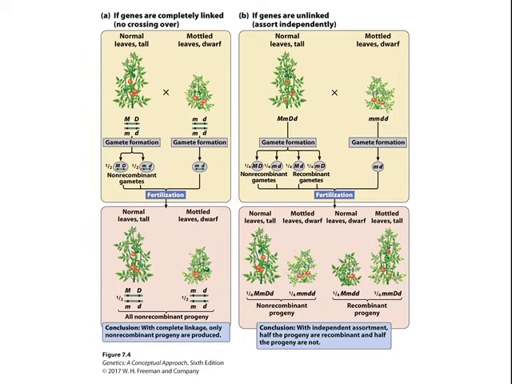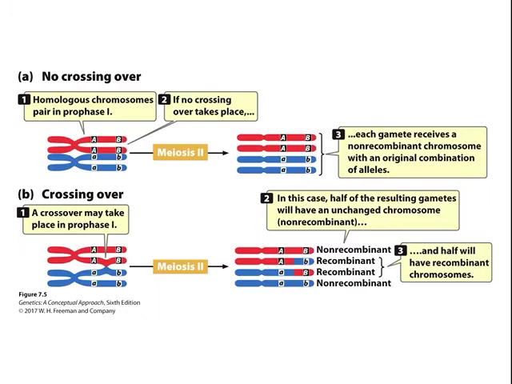Again, the percentage of recombinant progeny will increase as the physical distance between the two linked loci increases. Usually there's some crossing over between genes on the same chromosome, and that produces new trait combinations. Genes that exhibit crossing over are said to be incompletely linked. Let's see how an incomplete linkage is going to affect the result of a cross.